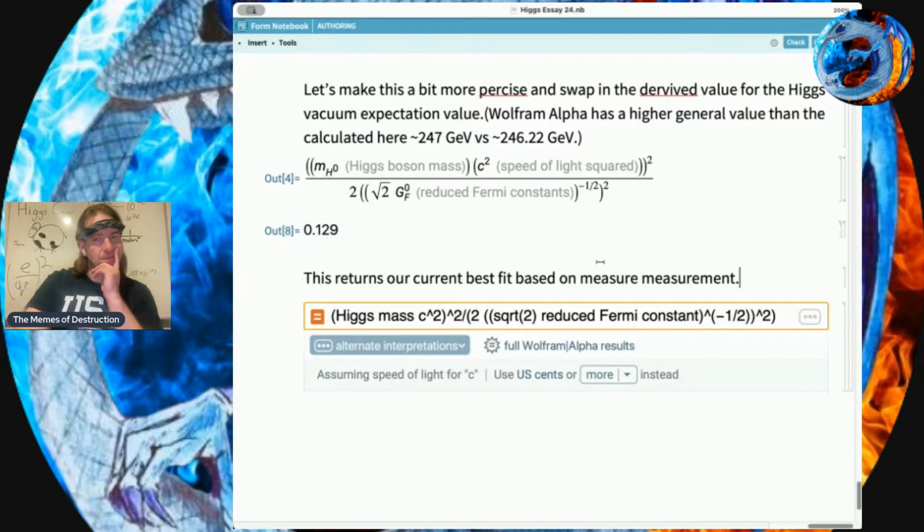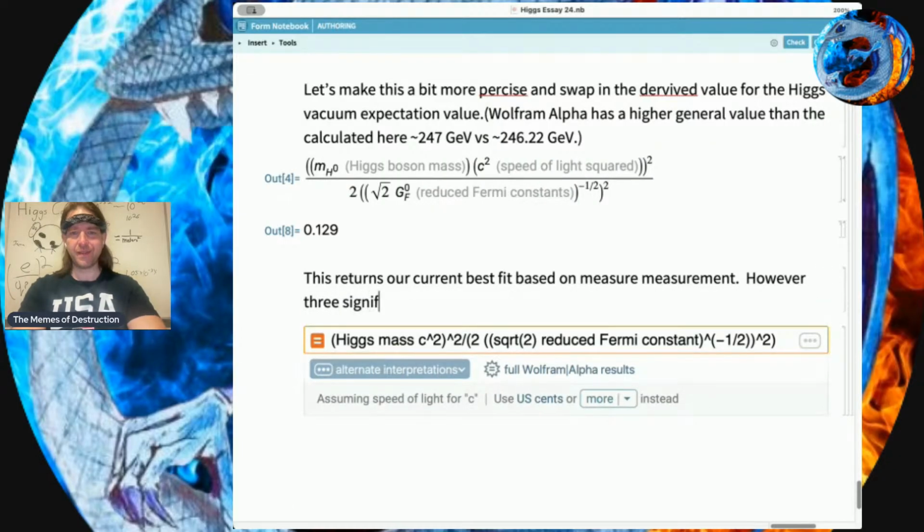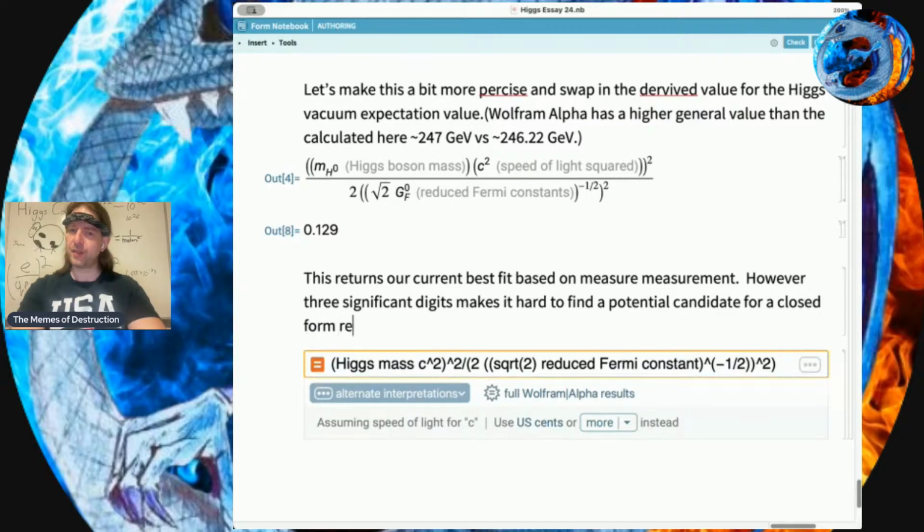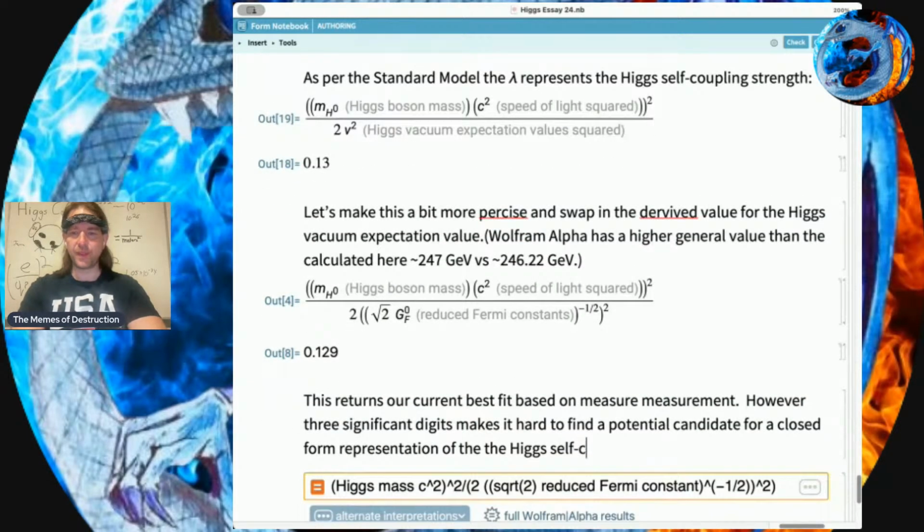However, three significant digits makes it hard to find a potential candidate or a closed form representation of the Higgs coupling.